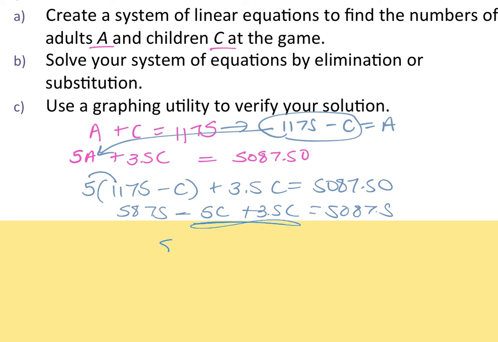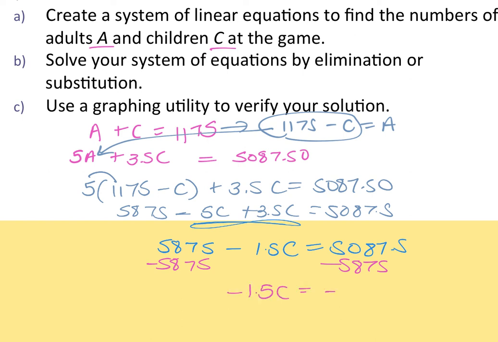Combine my like terms here. This would be negative 1.5. Subtract. And then divide.